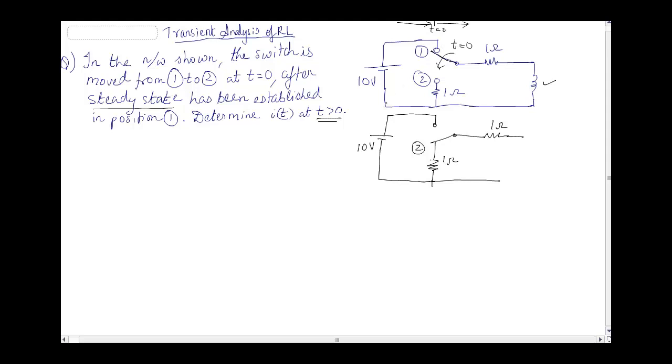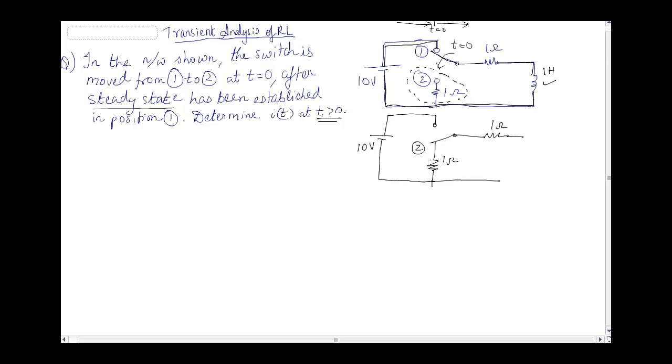So the circuit that was connected was this 10 volt source connected via this switch to a resistor and an inductor. The value of the inductor I forgot to write, let it be 1 H. So the inductor and the resistor are connected to the battery. Before t is equal to 0, this other portion is not connected.